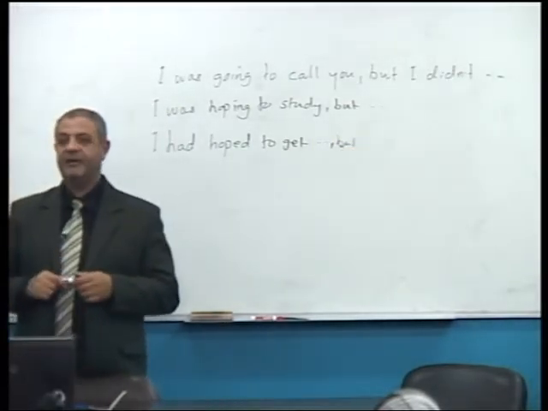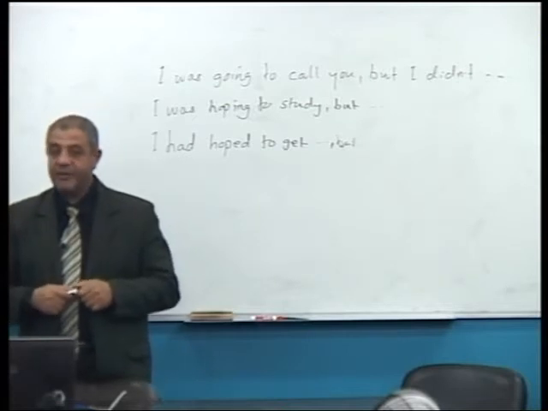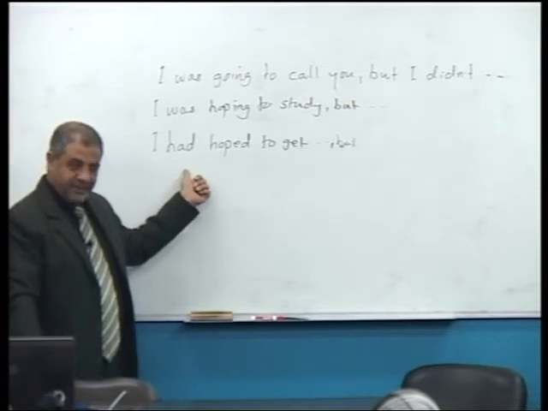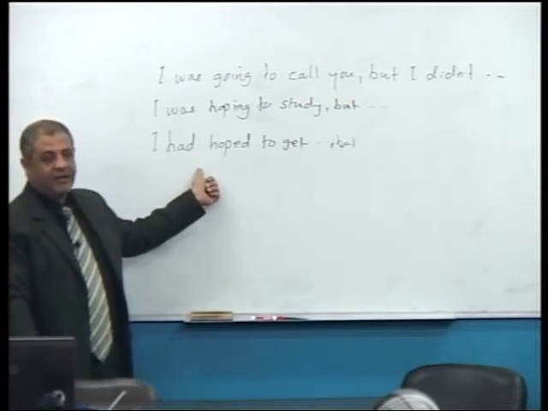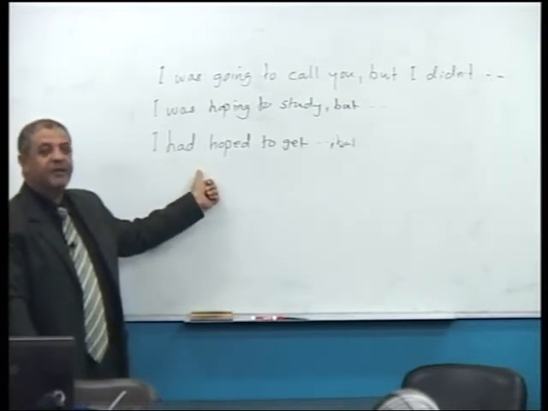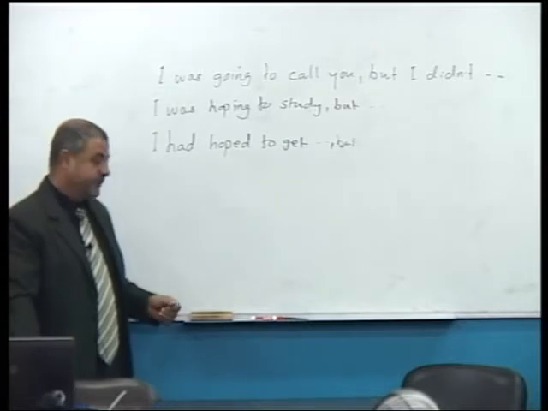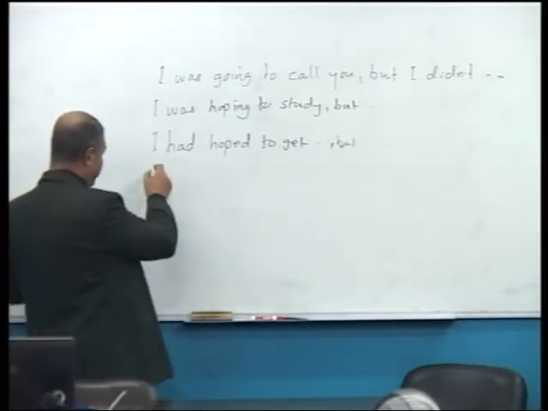Another way. Who can remember? Yes, Noor. I had intended. Okay. Other than the past perfect. I was supposed. Supposed. Very good. Give a sentence. I was supposed to play, but I slept. Thank you very much.